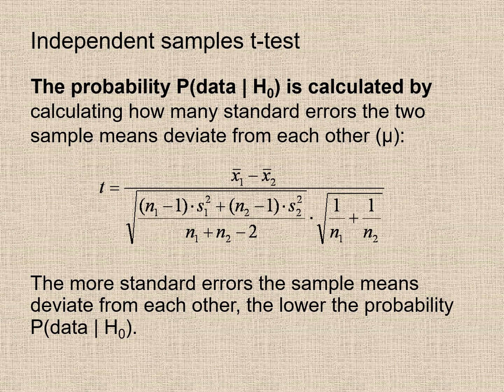So that's what the t-value tells us. It tells us how large the observed difference is in relation to the, according to the null hypothesis, expected size of the difference. And the more the t-value deviates from 0, the lower is the probability of the null hypothesis to be correct.